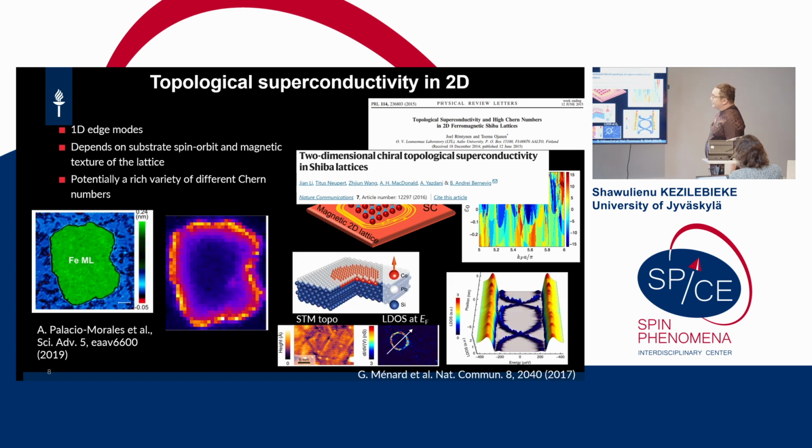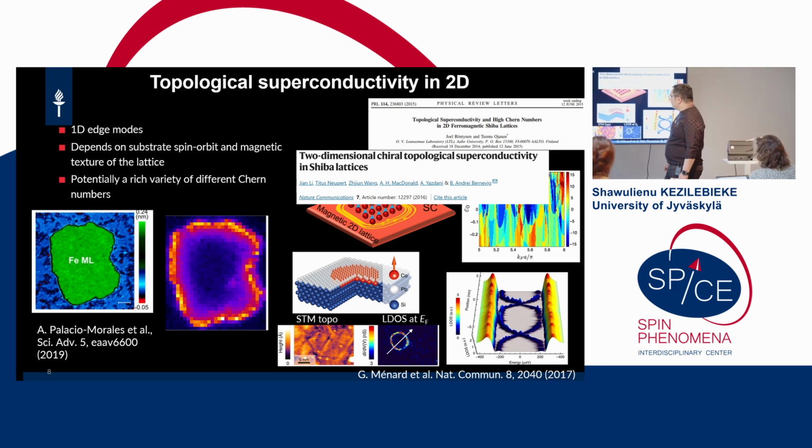People also tried this in experiment by directly growing this type of ferromagnet on top of superconductors, or buried underneath. In all these cases, they observe, not single states, but a 1D edge mode that's traveling around the edge of the ferromagnet.